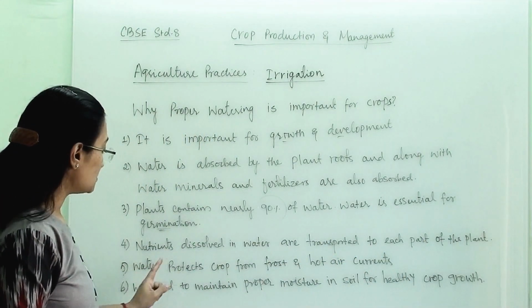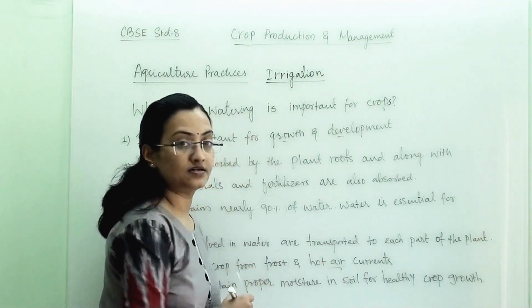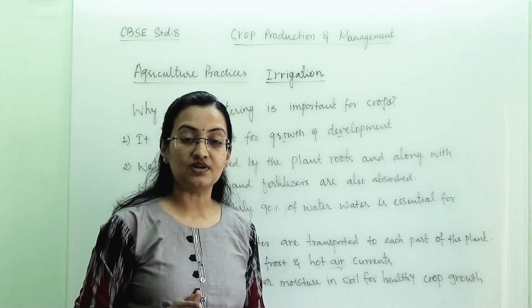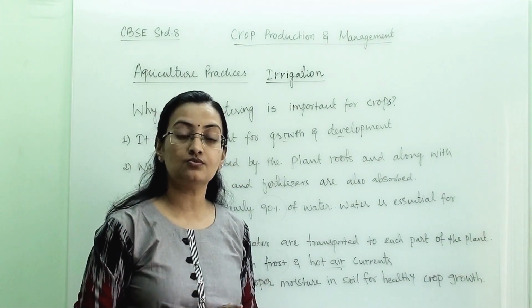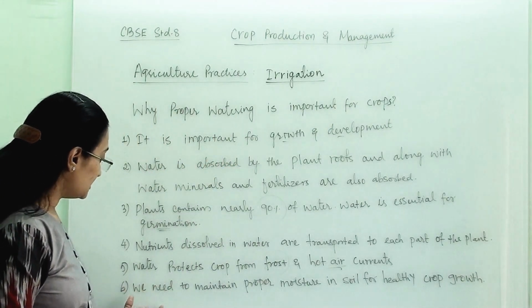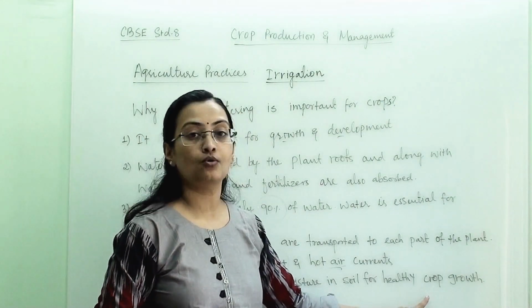Fifth, water protects the crop from frost and hot air currents. If the weather condition is not optimum, water will help the crop survive. We need to maintain proper moisture in the soil for healthy crop growth.